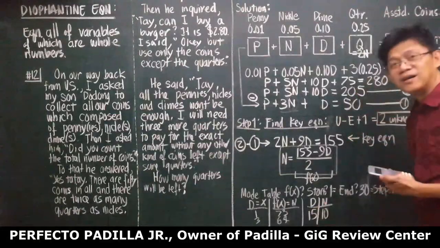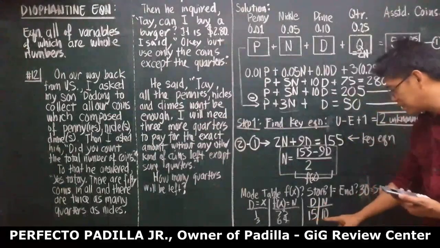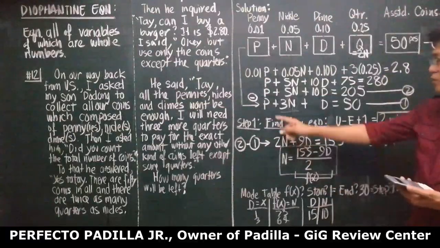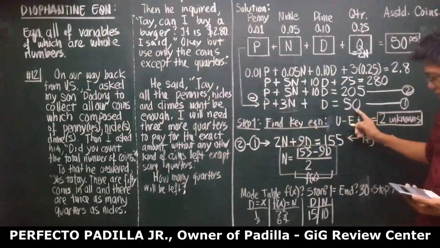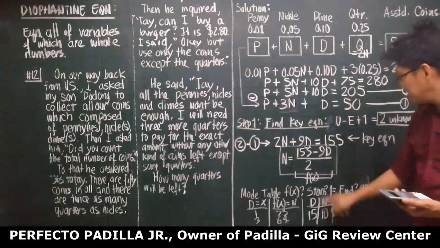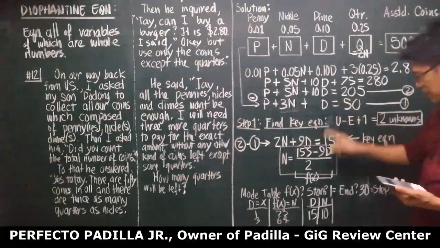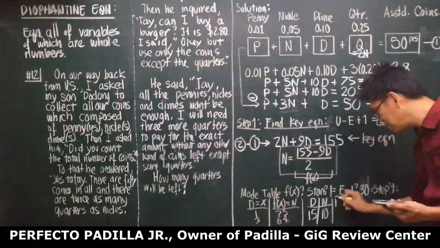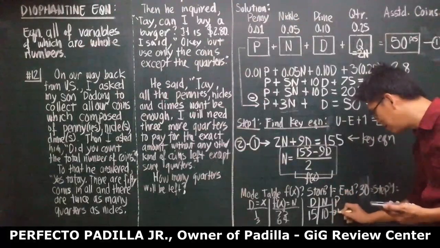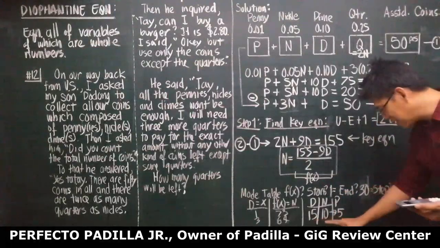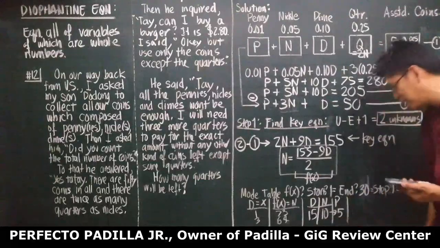Correct? So, kung ito 15 times 10, so therefore, yung iyong P is 50, 3 times 10, 30, 20. Minus D, P is 5. Correct? So, 15, 10, 5, ano ngayon yung D?